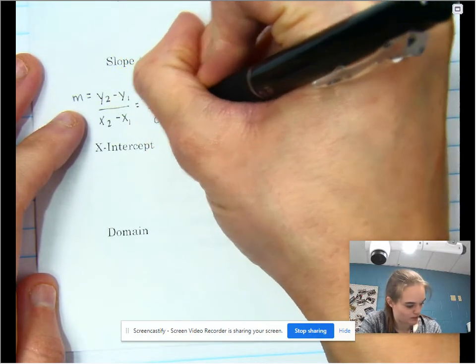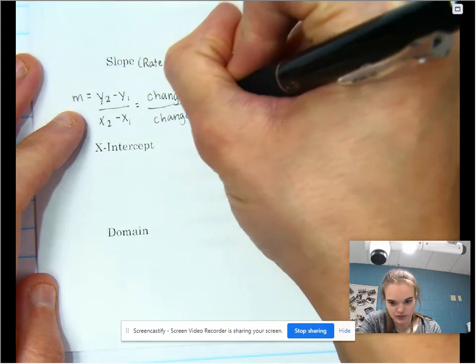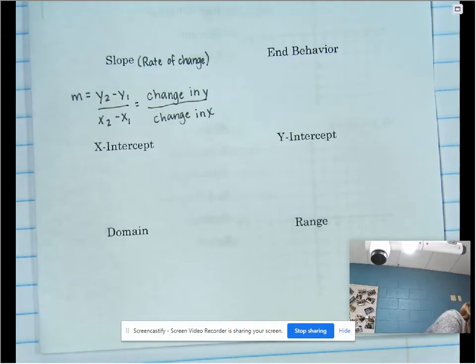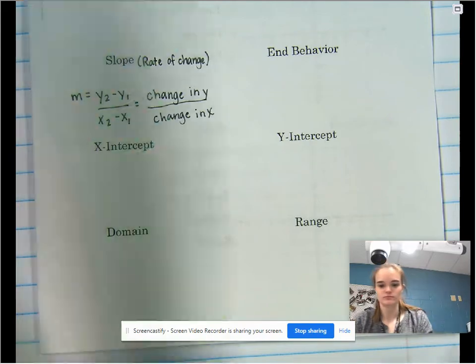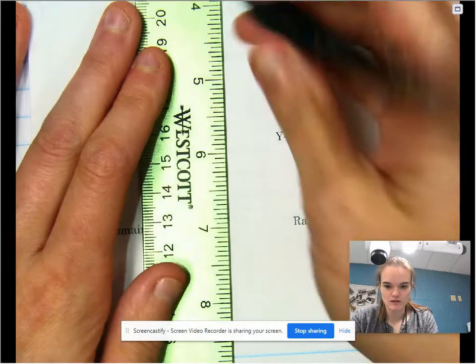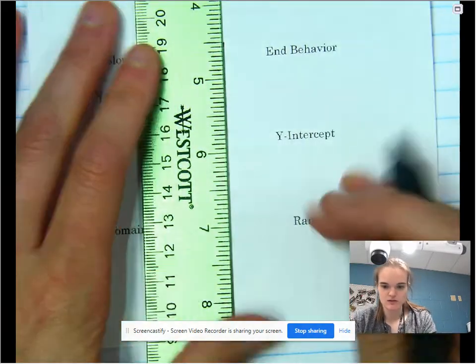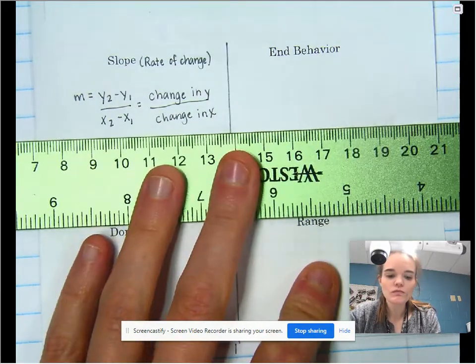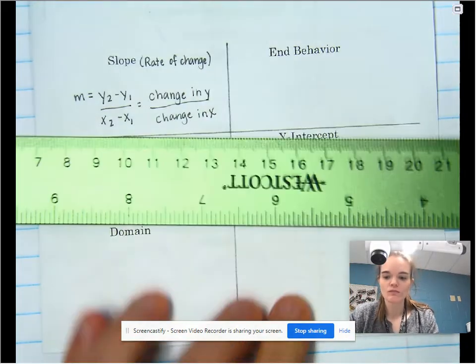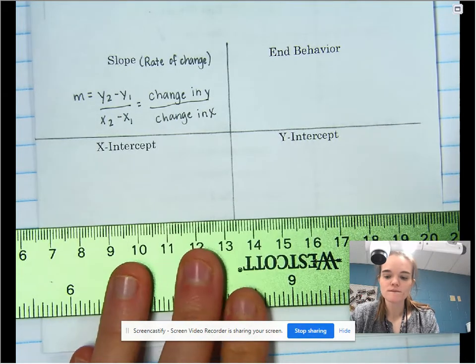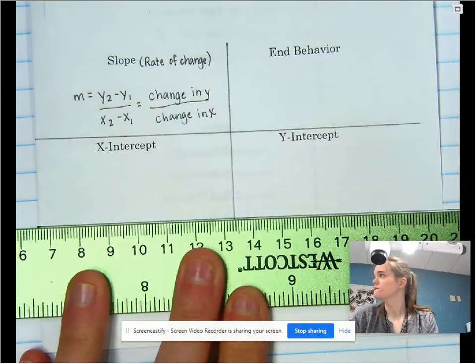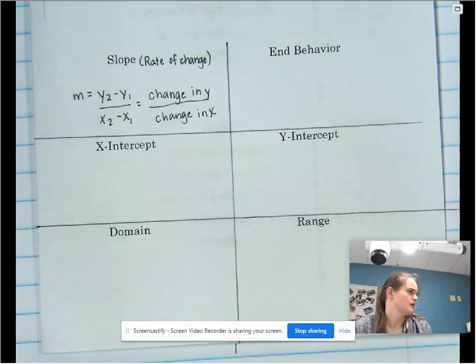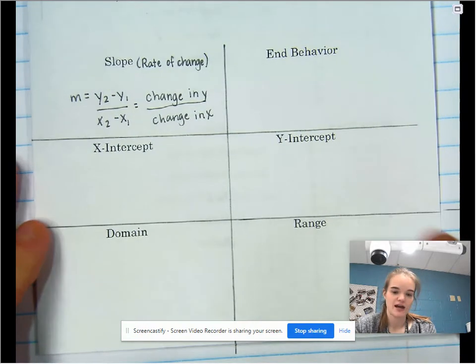This is supposed to be a box. I don't know what happened to it, so we're going to get a straight edge and box this off. Okay. That's what slope is.